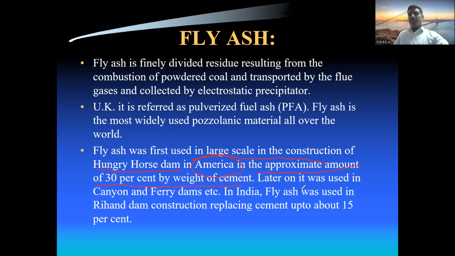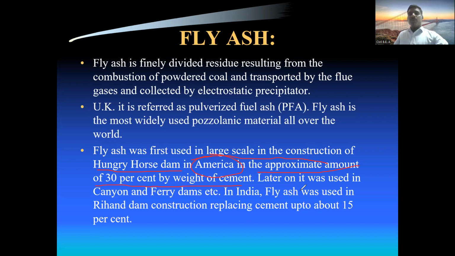If you think about one bag of ordinary Portland cement nowadays, how much does it cost? About 370 to 390 rupees per bag. So if we use fly ash based cement, we can replace 30% of the cement by fly ash.